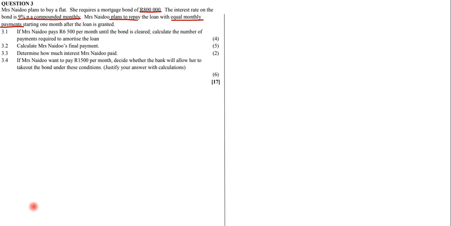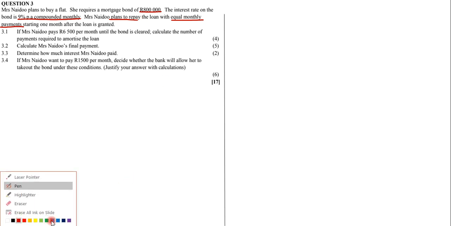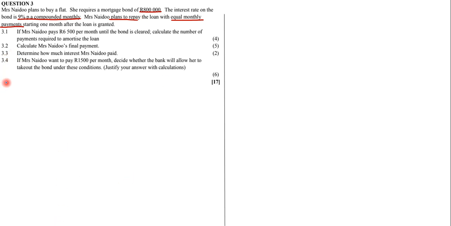Now we must also make sure that we understand that the loan we're given here is the money that you're going to get now, because you're going to buy the house right now. So you are given 800,000 Rand. This is what we call a present value. The interest here is 9% per annum compounded monthly.